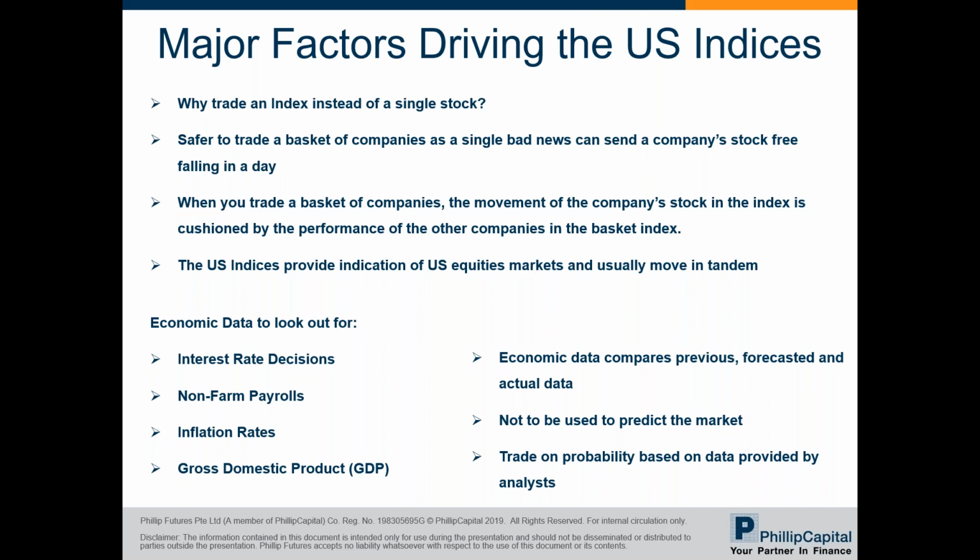If one company crashes, it wouldn't be free falling all the way down to zero. The US index provides an indication of the US equities market, and they usually move in tandem. If the US index moves up, generally the majority of US stocks are moving up, in theory.